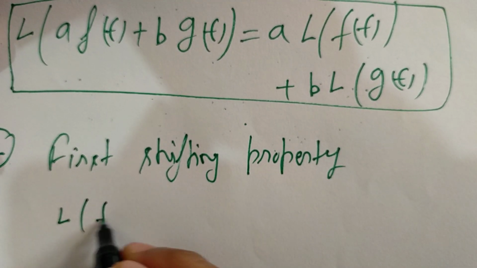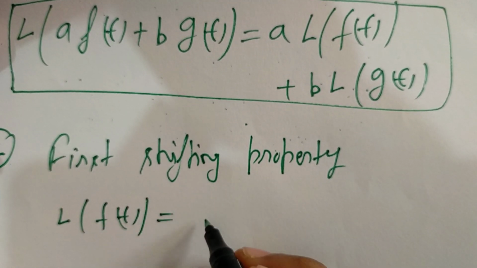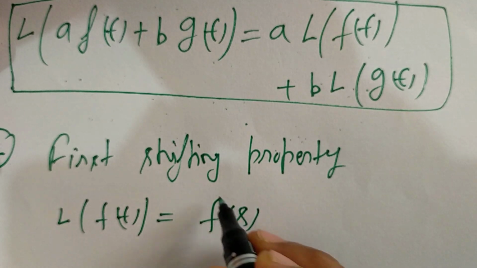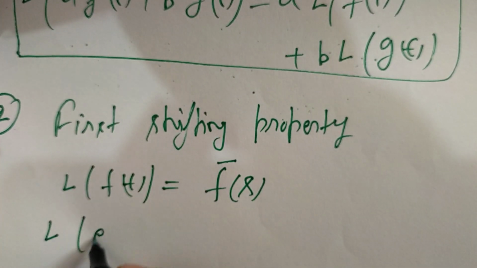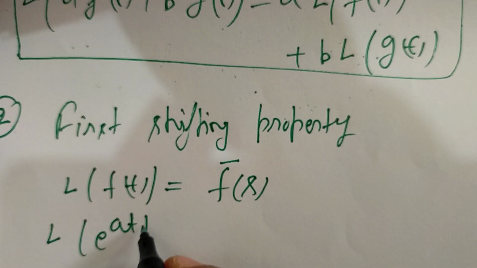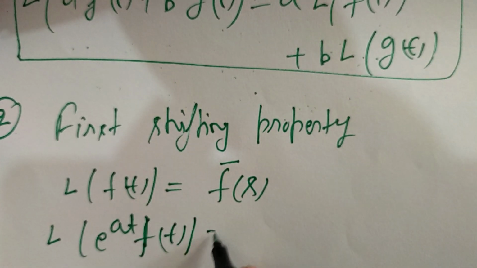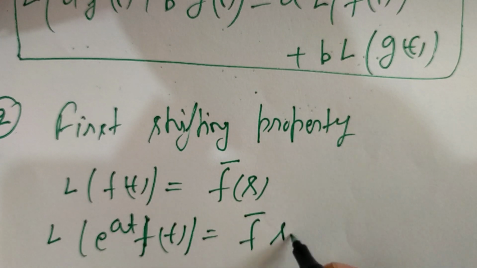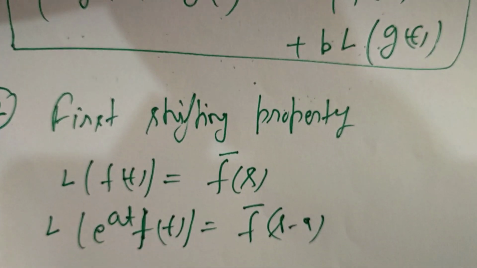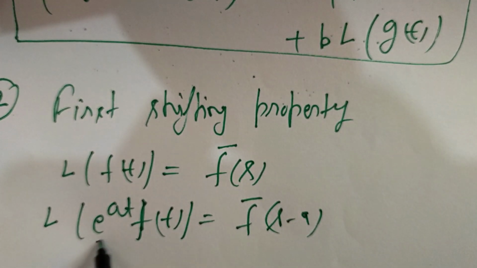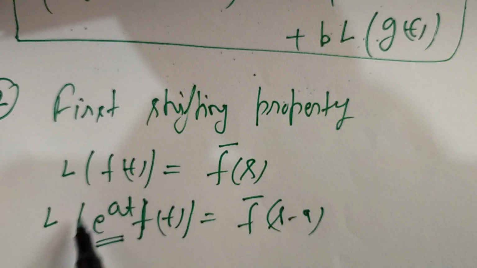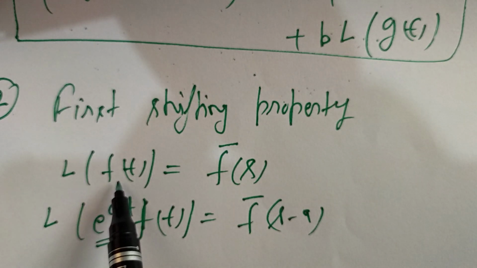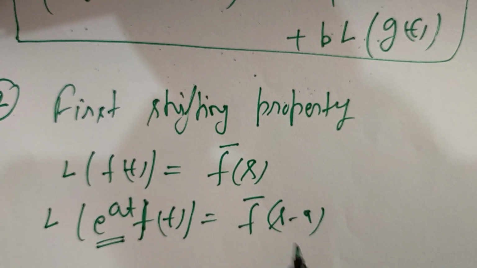If Laplace of f of t equal to F bar of s, then we have Laplace of e power at f of t equal to F bar of s minus a. So if you multiply by an exponential function, there is no need to find the Laplace transform of the whole function again. If you know Laplace of f of t, just s is replaced by s minus a.